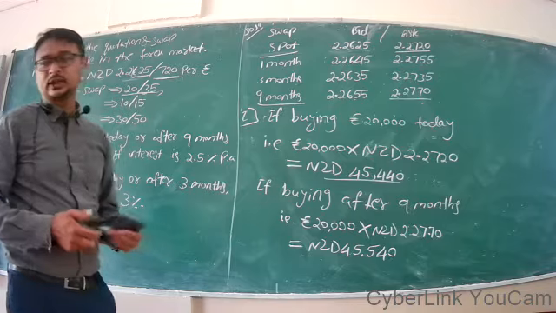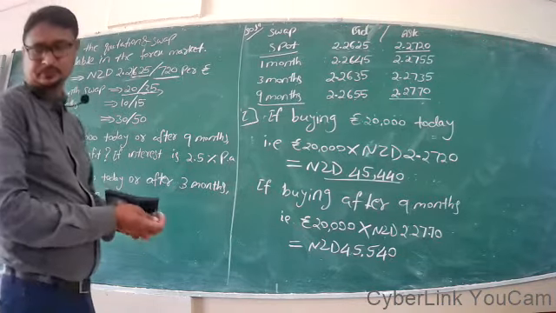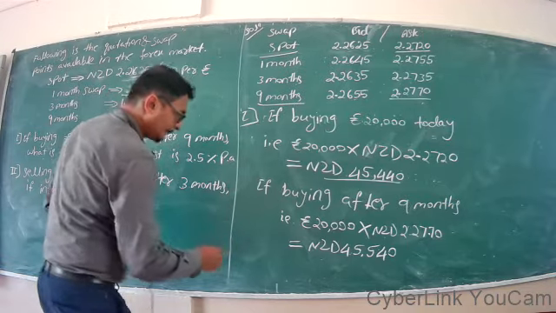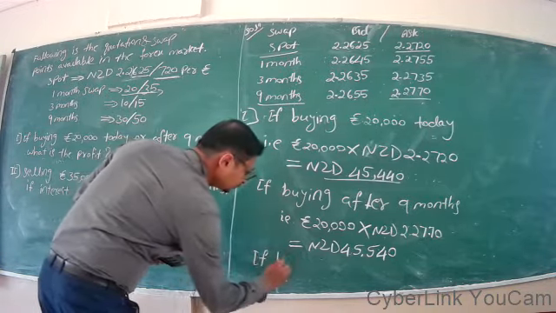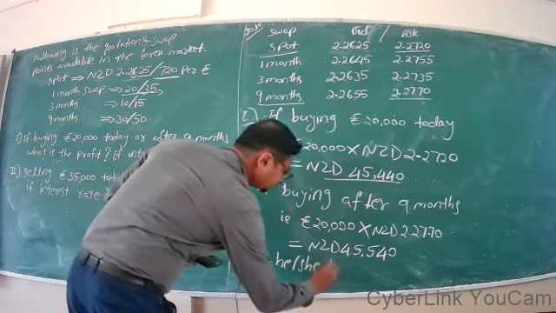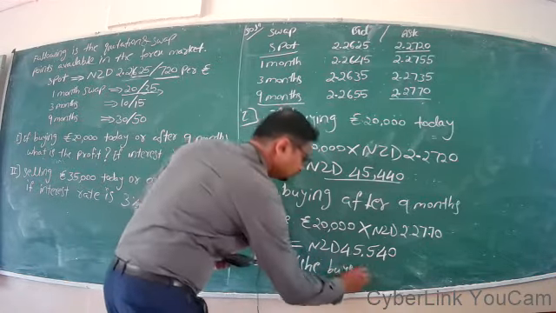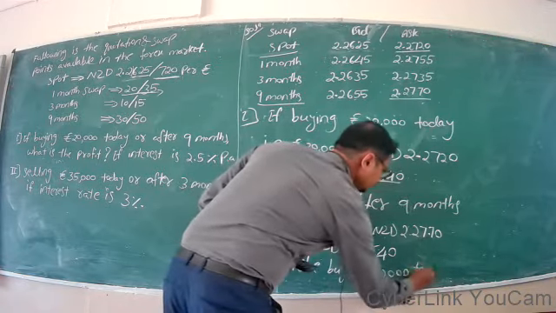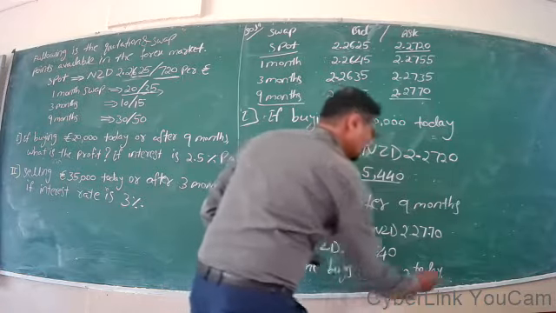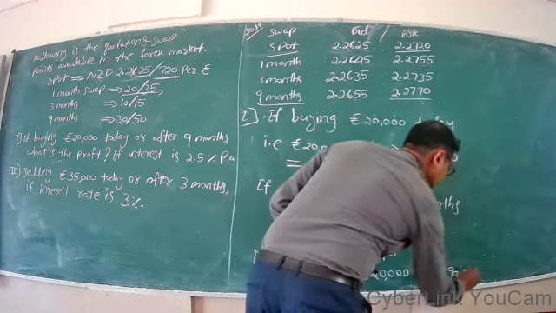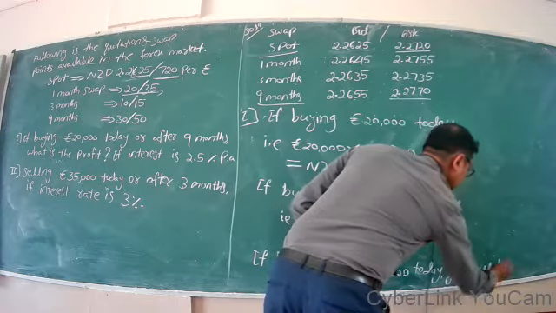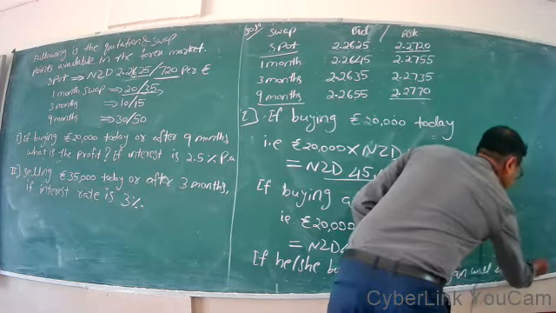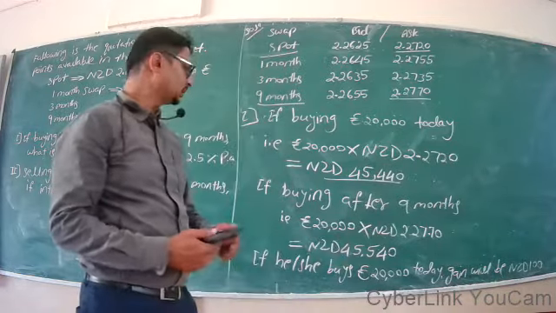So ultimately New Zealand dollar 100 is the gain, right? Gain will be 100 New Zealand dollars.